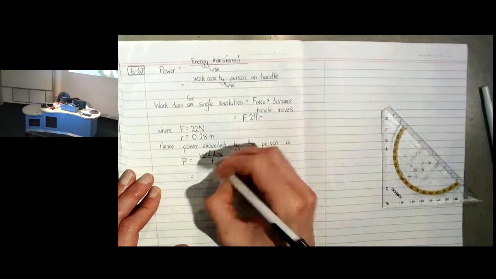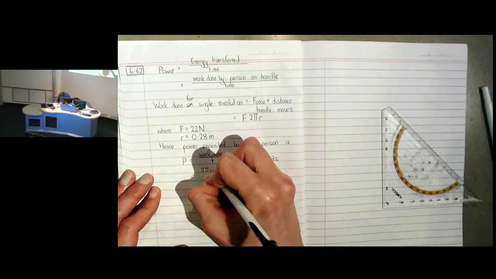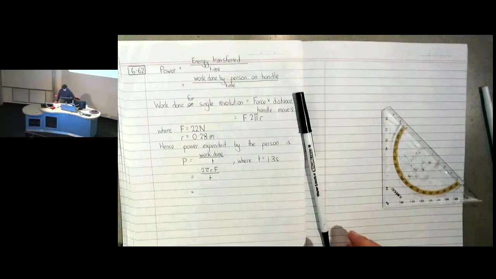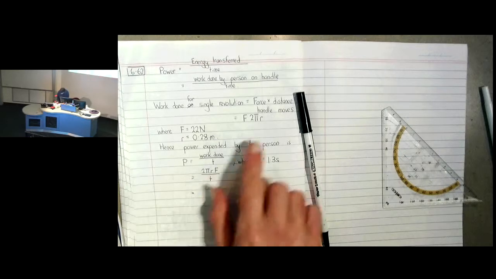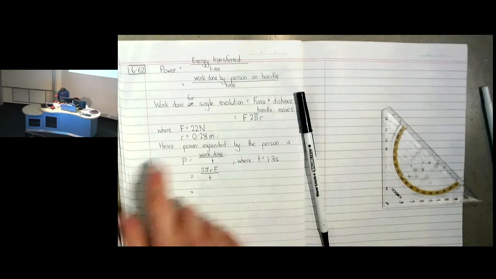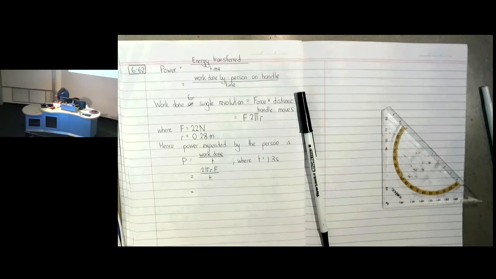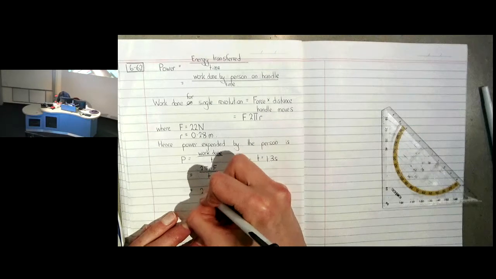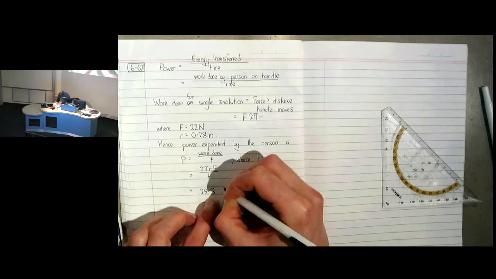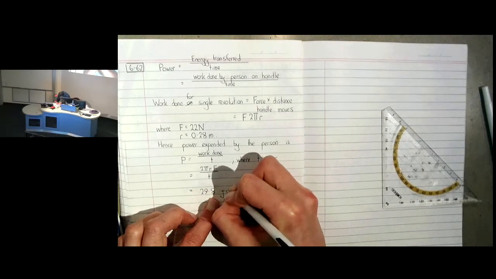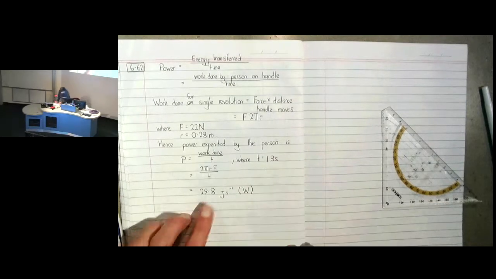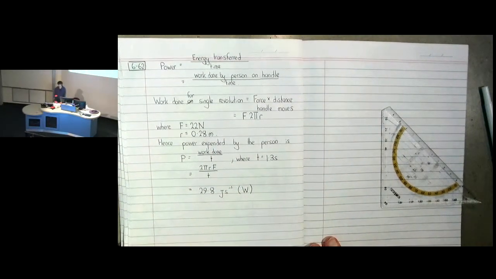Here we figured out the work done was just 2πr times the force, and now we're going to divide that by the time. So the power that they're expending will be 2 times pi times the radius, which is 0.28 meters, times the force, which is 22 newtons, divided by the time, which is 1.3 seconds. And that's 29.8, and that's in joules per second, which is equivalent to a watt. So the power being expended will be 29.8 watts.